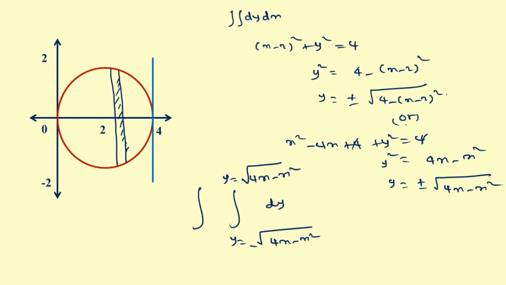Now the outer integral: the vertical strip moves along the x-axis from 0 to 4, so x equal to 0 to x equal to 4, outer integral dx. However, the question is changed. The question stands for finding the area of the circle with center 2, 0 and radius 2. What is the answer? 4 pi square units.